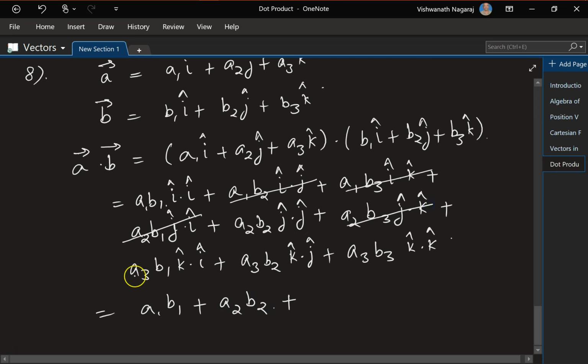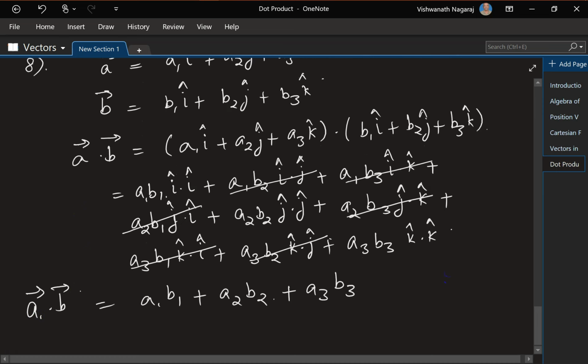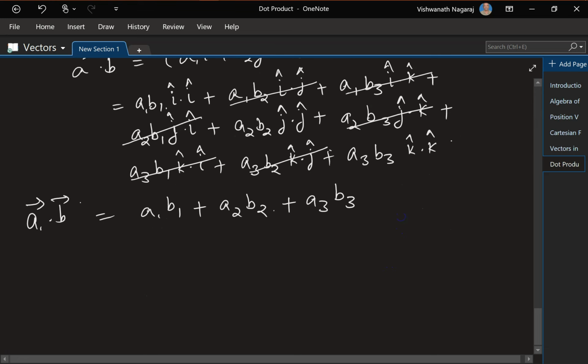This gets cancelled, this gets cancelled, and this gets cancelled, and we are left with A3 B3, K dot K is 1. So basically just multiply like to like. So I to I, J to J, and K to K in case of a dot product.